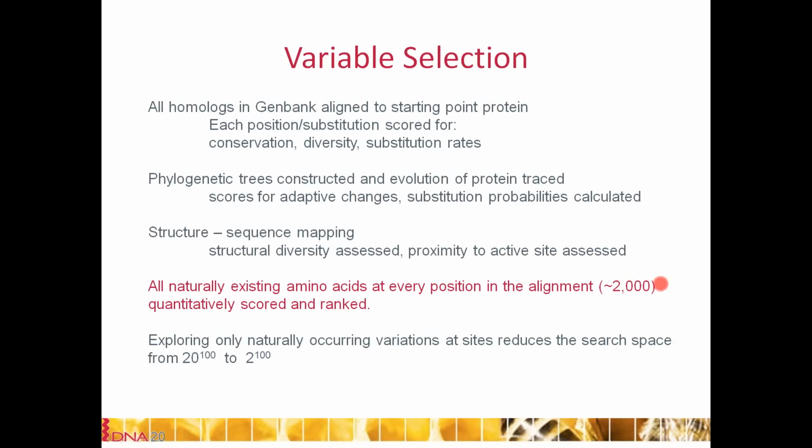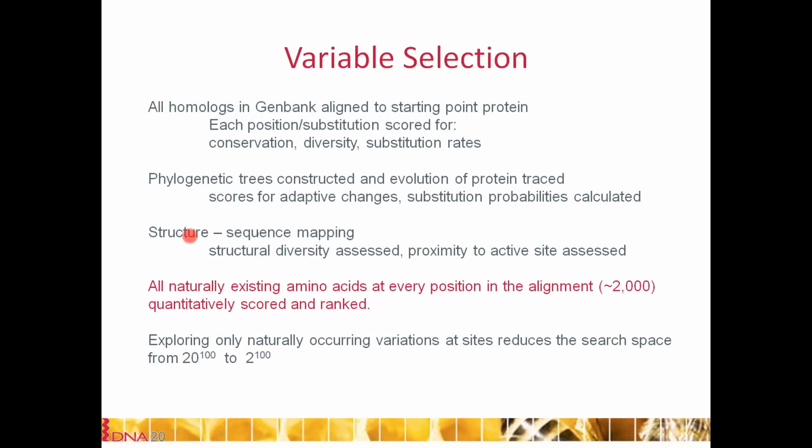So what we typically do, and what we did in this case, we go to GenBank, we identify all possible homologs in GenBank, and then we align these, and we look for amino acid substitutions that exist within this alignment. And then we score every single amino acid substitution against the conservation, diversity, substitution rates, etc. And then we build phylogenetic trees and identify what all the amino acid substitutions, their presence and their abundance, distributed across the phylogenetic tree.